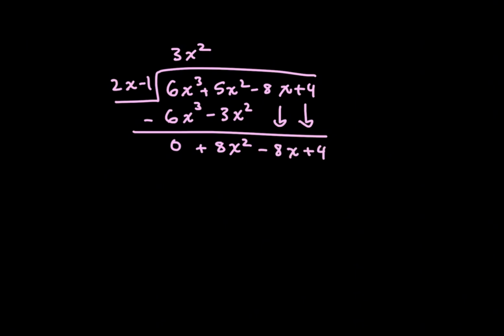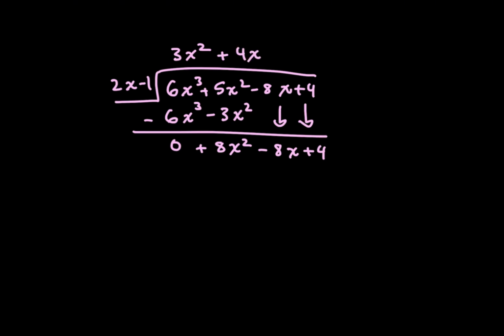And now the process begins again, where I'm looking at the first term and I'm asking myself, what can I do to my divisor, 2x minus 1, so that it matches and I can get rid of it? So what do I multiply by 2x minus 1 to give me 8x squared? It's just 4x.